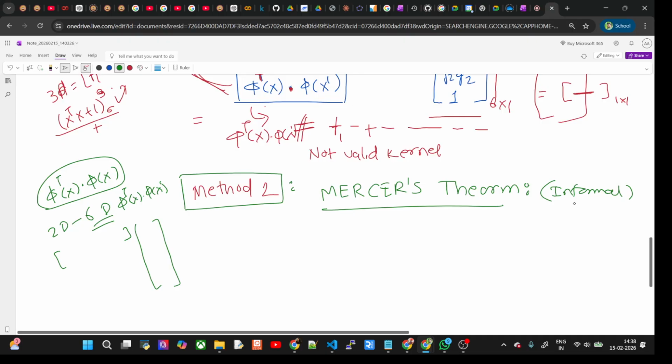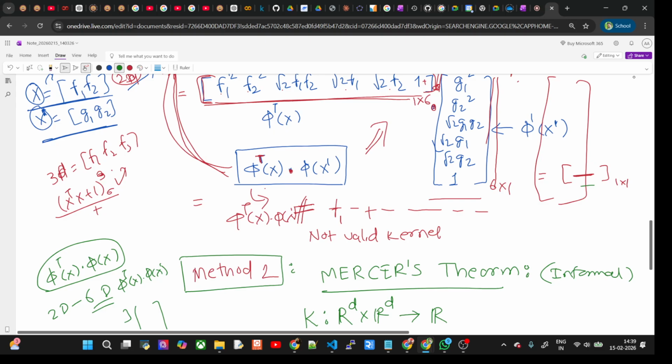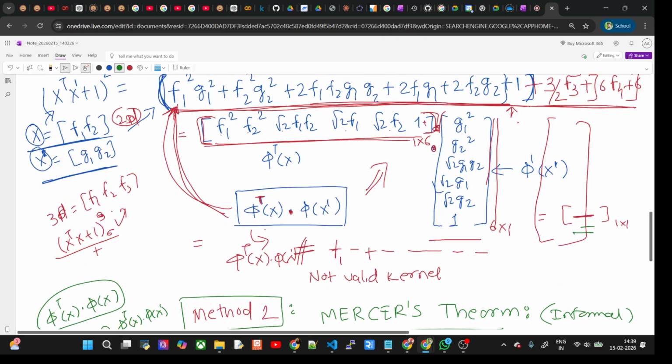What Mercer's theorem is saying is that there is a function called k which maps your d-dimensional data to a normal number. Because for the kernel I just showed you, the 1 cross 1 you got is the output of phi transpose x into phi of x prime.